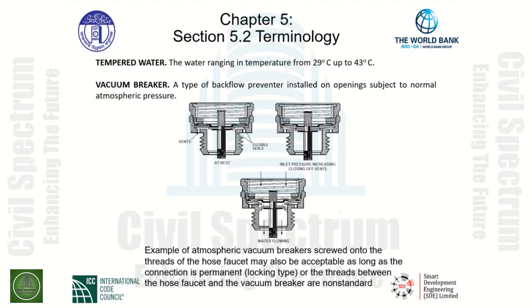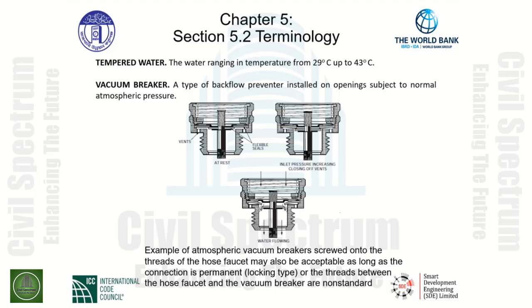The bottom graphic indicates water flowing. The inlet pressure is indicated on the top of that graphic. As water flows from the faucet through the device, you can see the flexible seals open and allow the water to pass through from the top to the bottom of this device that we call a vacuum breaker.